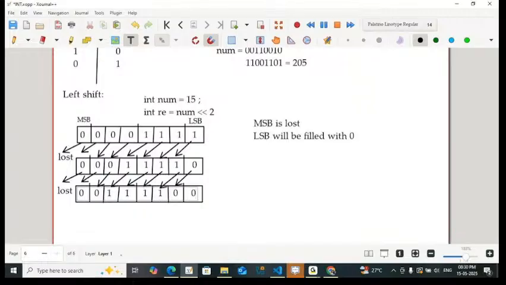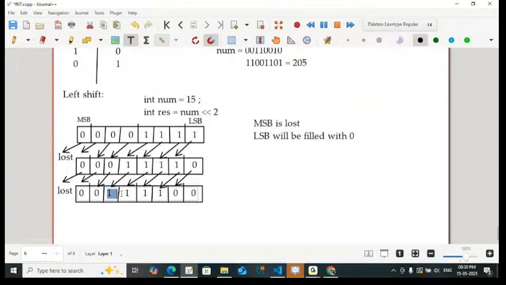The LSB will be empty, so you always have to fill it with 0. You cannot add 1 because adding 1 will change the value. So after shifting 2 times, you will have 0, 0, 1, 1, 1, 1, 0, 0.